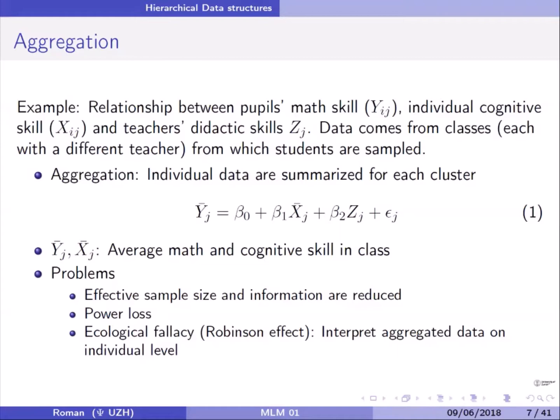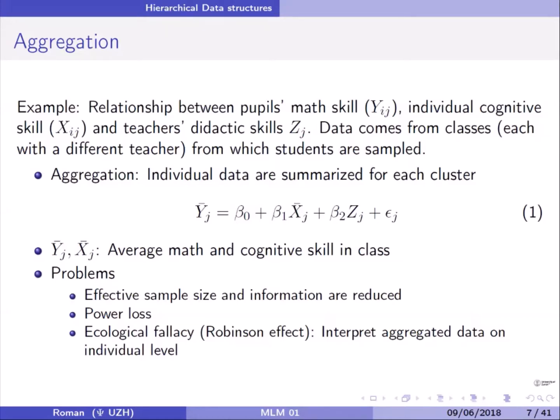So notice here that the sample size of this model will be the number of classes we have. This will not be the number of participants, because we are simply predicting an average math skill by an average cognitive skill of the class.